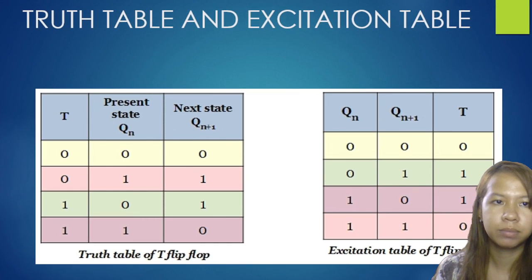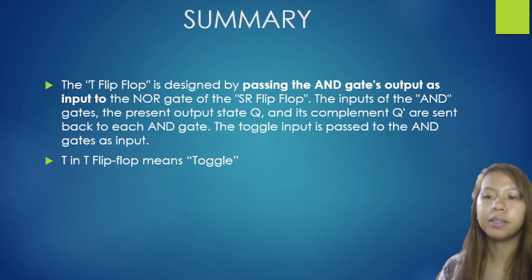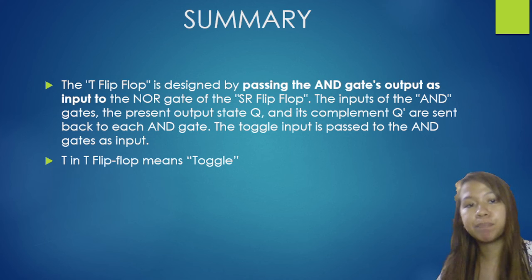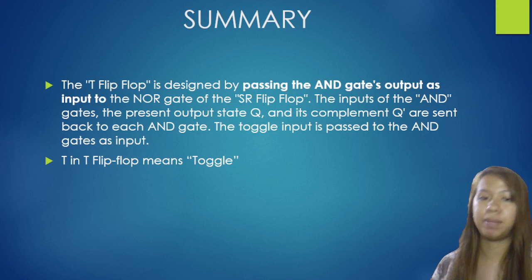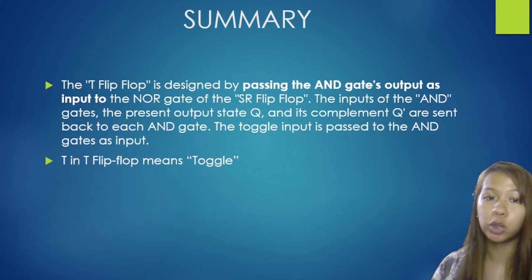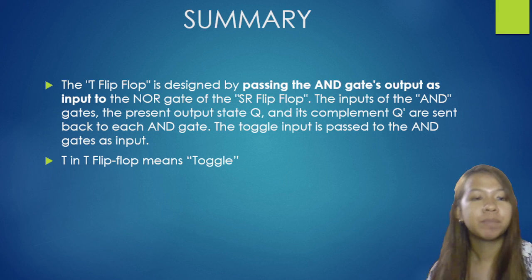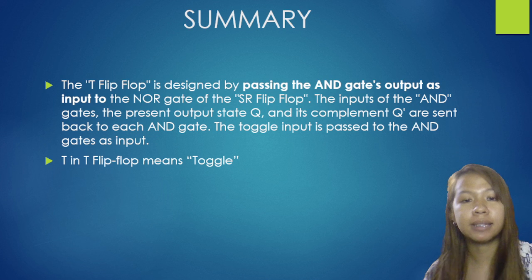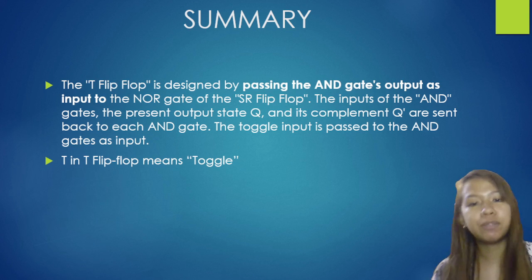For the summary: the T flip-flop is designed by passing the AND gates' output as input to the NOR gate of the SR flip-flop. The inputs of the AND gates represent the output Q state, that's what I saw in the simulation, and its complement Q bar, which are sent back to each AND gate. The toggle input is passed to the AND gate as an input. The T in the T flip-flop means toggle.